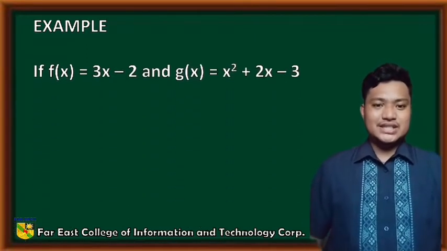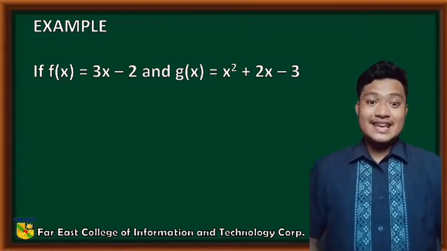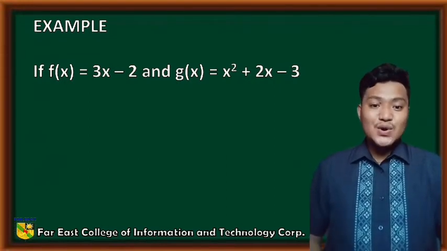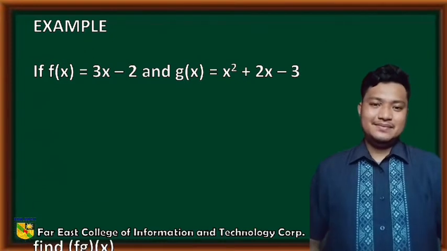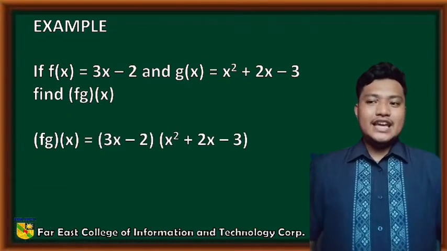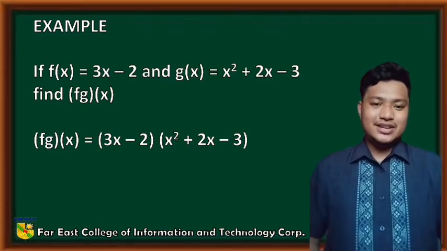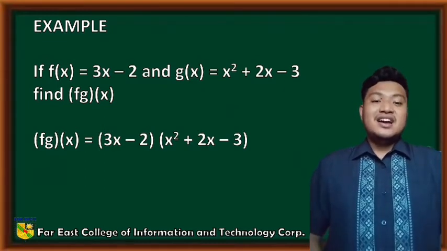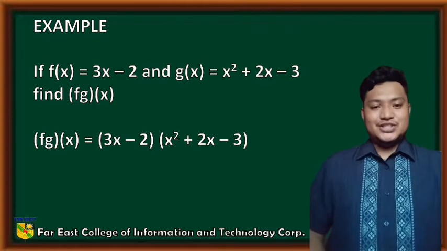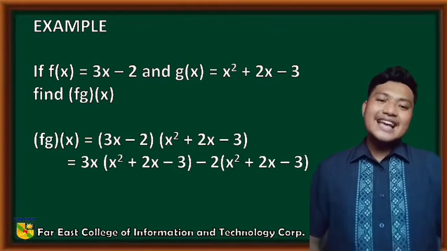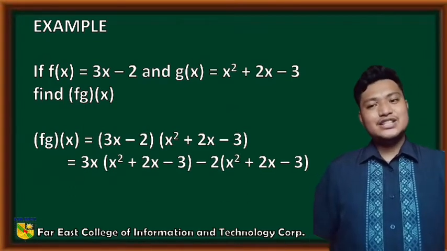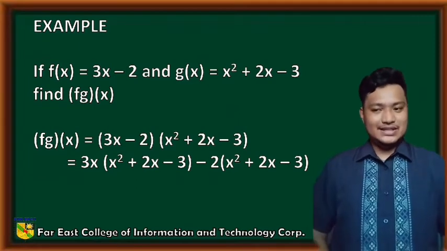Next. Same equations. This time, we need to perform the multiplication. In the multiplication, you need to write the operation in the middle: 3x minus 2 times x squared plus 2x minus 3.